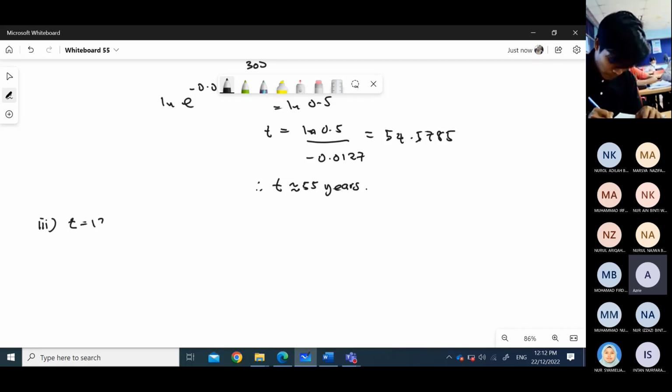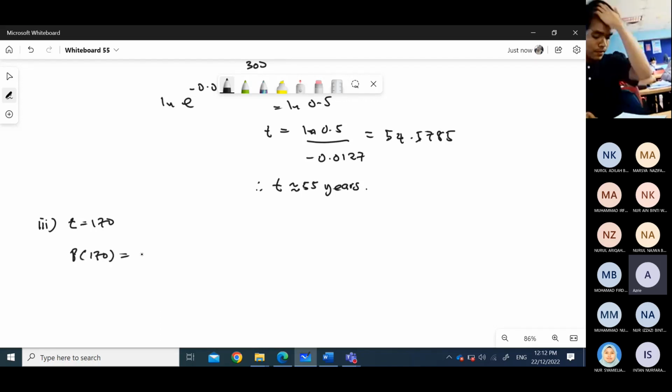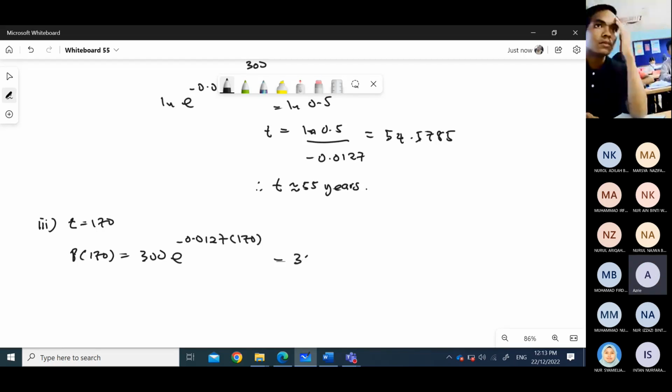So P at T 170 is equivalent with 300 exponent negative 0.0127 times 170. Dapat 34.322. Dapatlah 35 milligram.